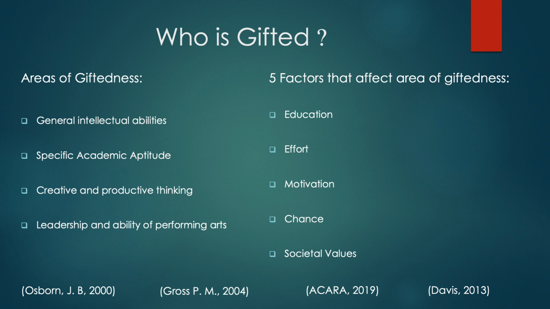In the recommended reading published by J.B. Osborne in 2000, Gross stresses the fundamental importance of education, effort, motivation, chance, and societal values in correspondence with the widely used definitions by Tannenbaum and Gagné.